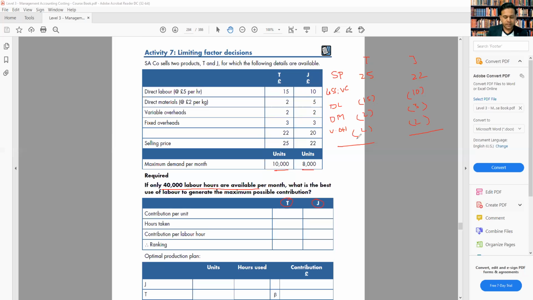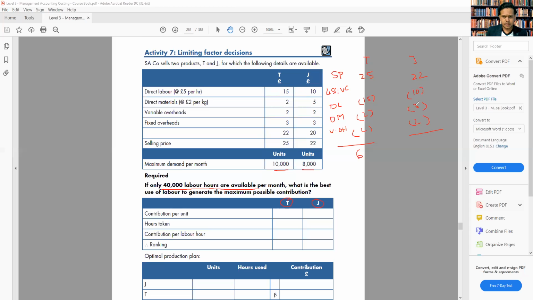For T we have a contribution of 6, and for J we have 22 minus 13, so 7, 17. So we have 10.